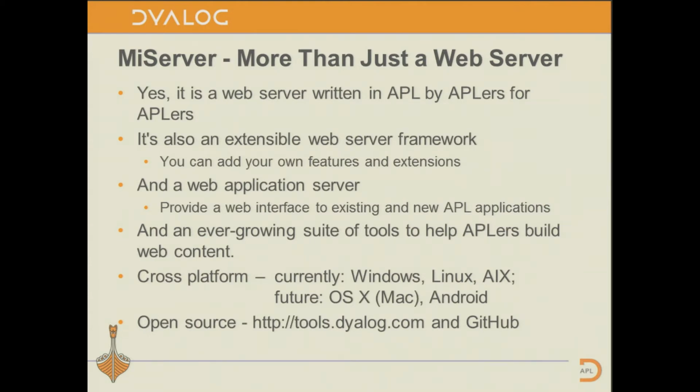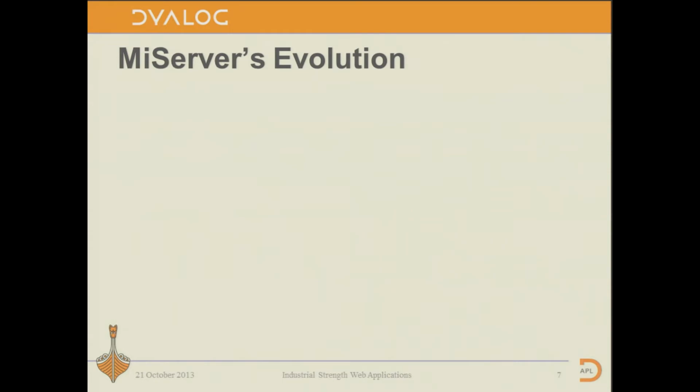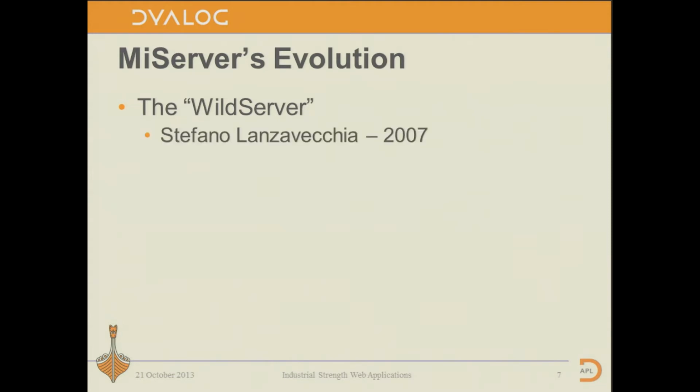I wanted to talk a little bit about MiServer's evolution. The Wild Server was developed by Stefano back in around 2007, and basically was an endeavor to make use of the object-oriented features of Dyalog APL.